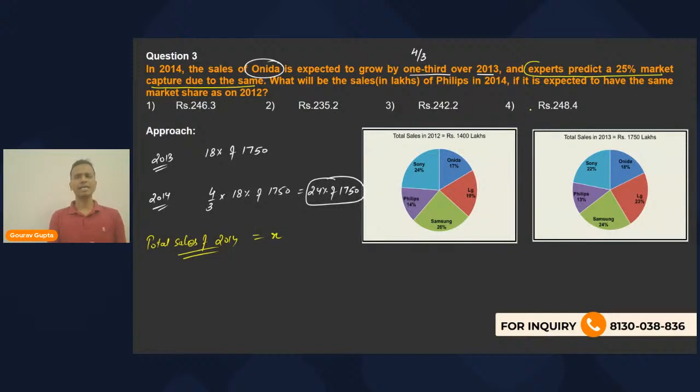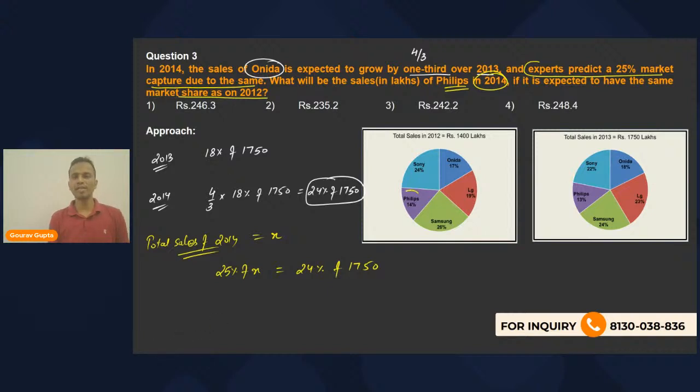So experts are saying that this value, whatever it is, is 25% of the market capture. That means 25% of X is expected to become this value of Onida. Okay, done. Question is, what will be the sales of Philips in 2014? Now we have to find the sales of Philips in 2014, if it is expected to have the same market share as that of 2012.